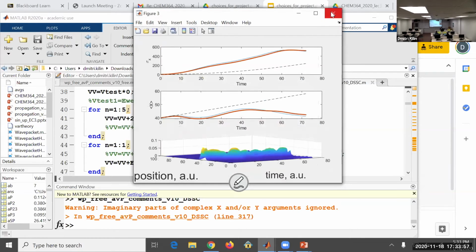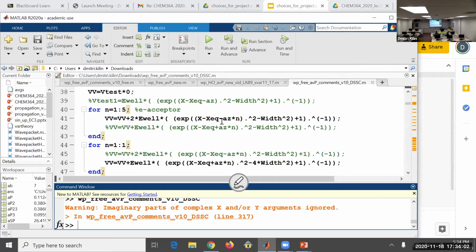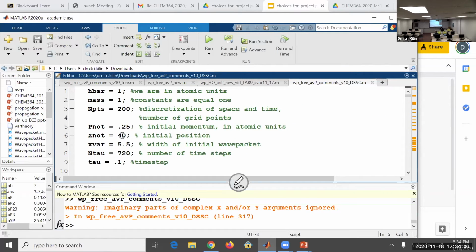So we want a more realistic situation. To begin with, let's start from very slow, zero kinetic energy.